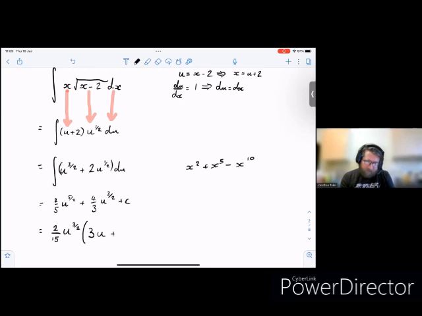To get the thirds on the bottom, we need to multiply by 5 and by 2. Yeah, 10. 20/15 is 4/3. Yeah, okay.